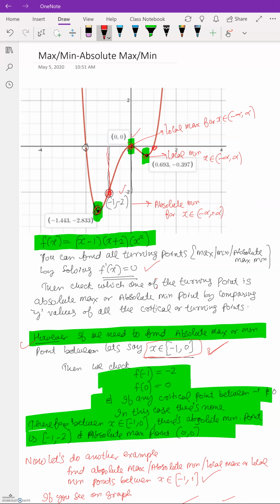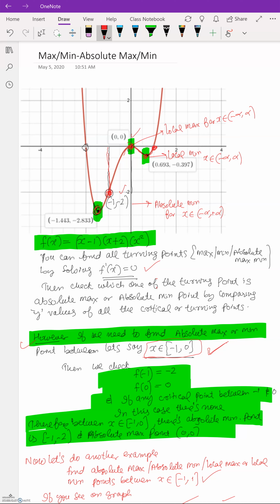My question is only to check if there's any absolute min or absolute max point between -1 and +1. So in between I have (0, 0), which is a local max point, and (0.693, -0.397), which is the local min point.